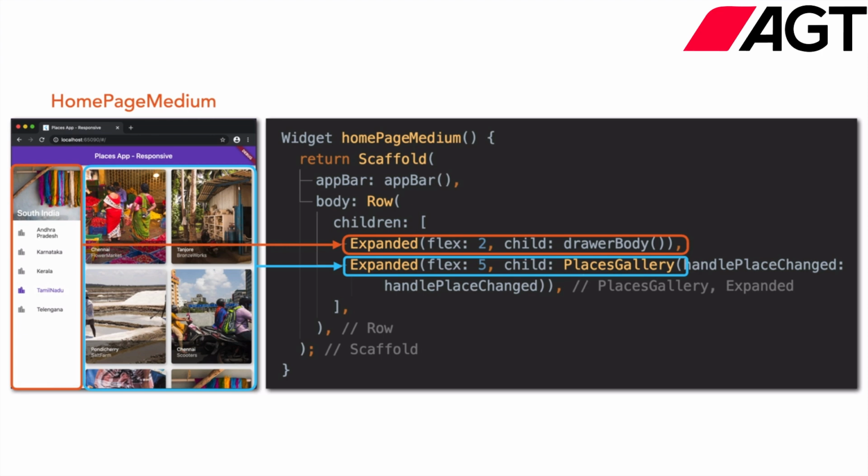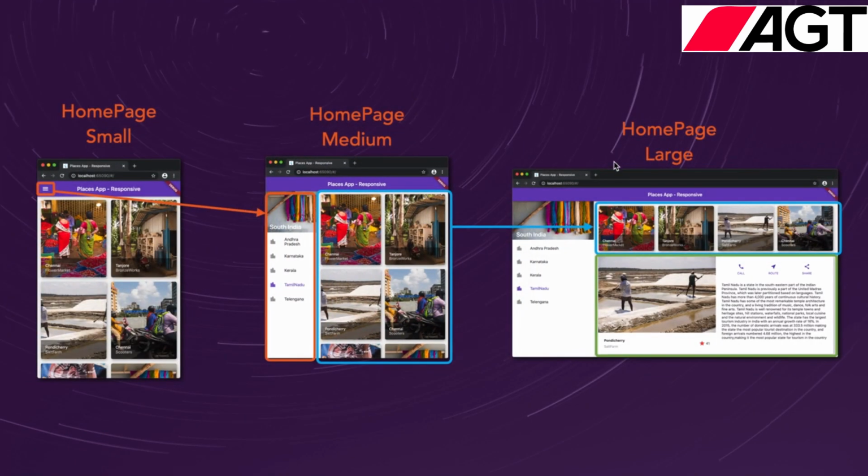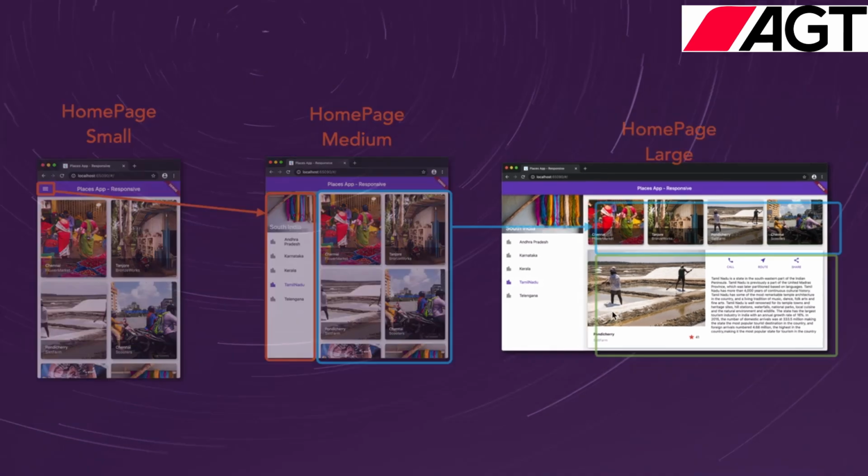Now let's take a look at the large screen layout implementation. Notice that in the large screen layout, the grid gallery is transformed from a vertical gallery to a horizontal gallery, and we have a new item appearing here, which is the place details. So let's see how it is implemented.